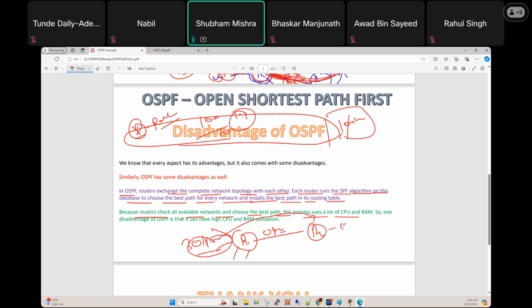And let's suppose 50 networks are here. This router shares the complete network information with R1. What will R1 do? R1 runs the SPF algorithm on each network and chooses the best path. Getting my point?